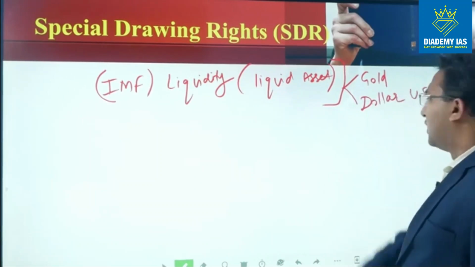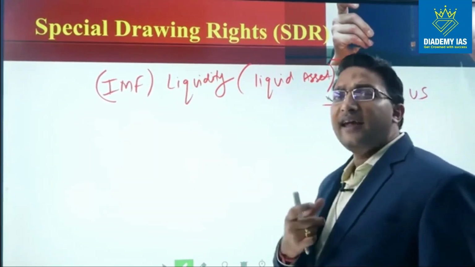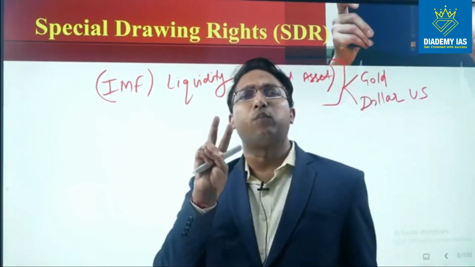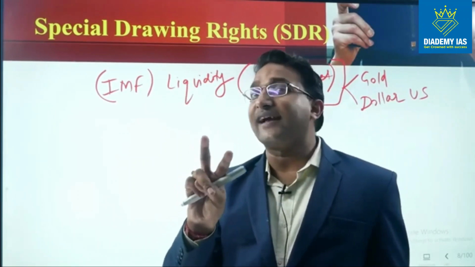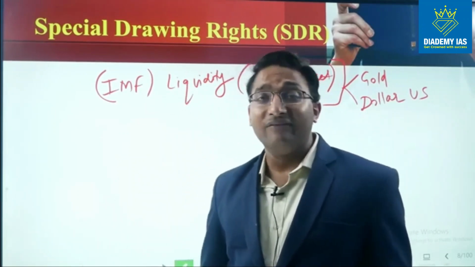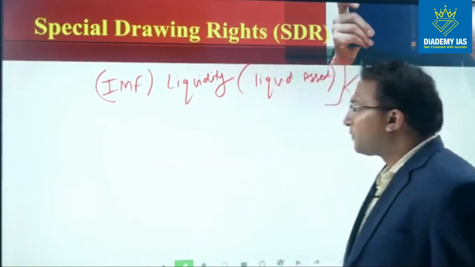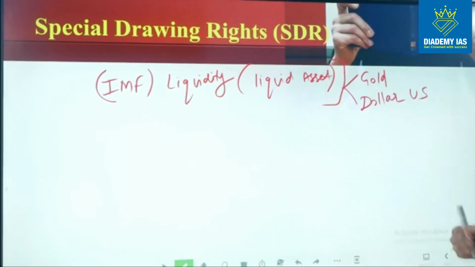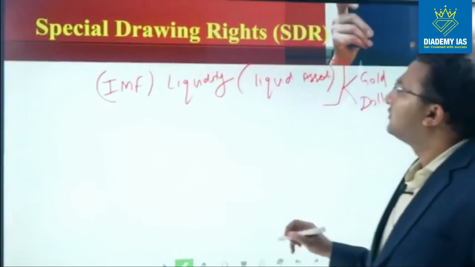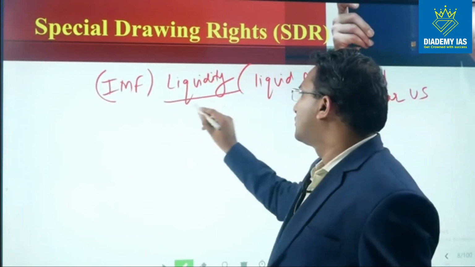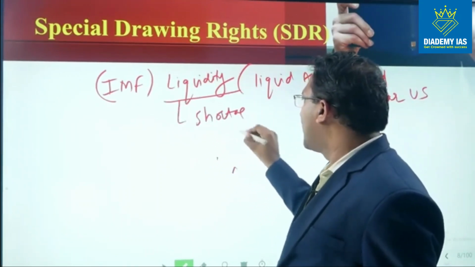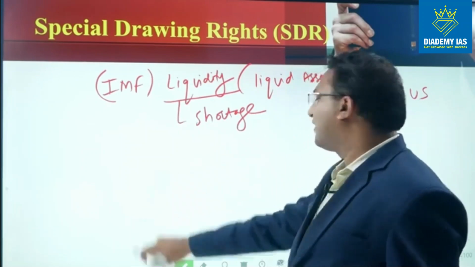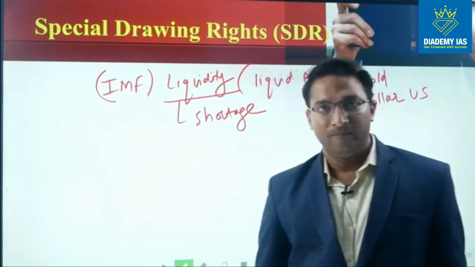So the US dollar and gold are the two possible liquid currencies which are acceptable by the entire world and which are available also, right? But soon we started facing their shortage. So we felt that they are short in quantity. They are not frequently available. They are not easily available.